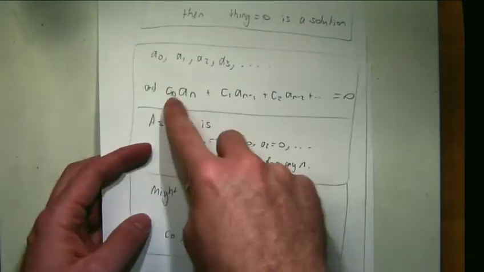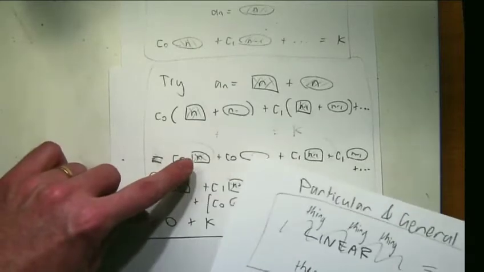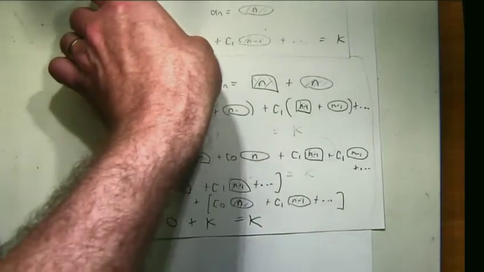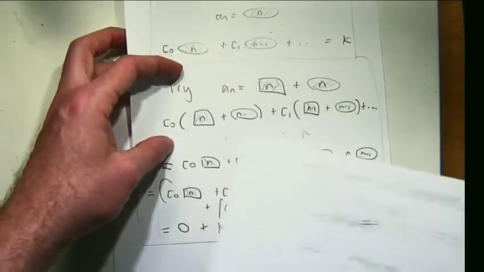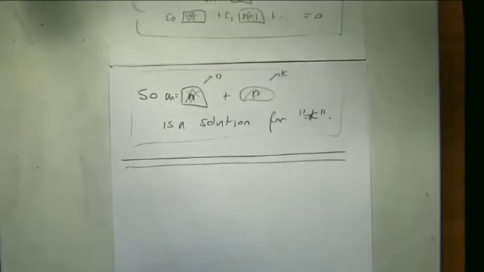And you don't have to have these c's being constants. As long as it's possible to factorize them and expand brackets like this, then this will work. Okay? And that's what linear means. It's possible to expand brackets like this and factorize like that. So as long as it's possible to expand brackets in a reasonable way, then this idea of particular and general will work.